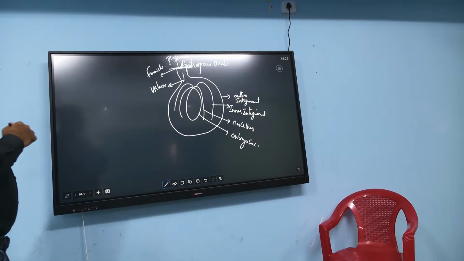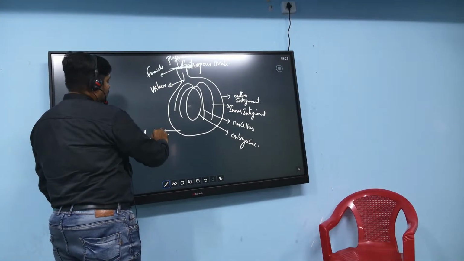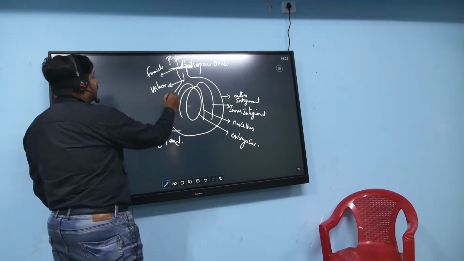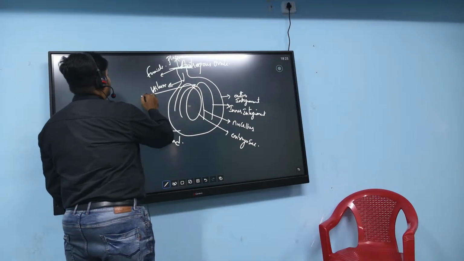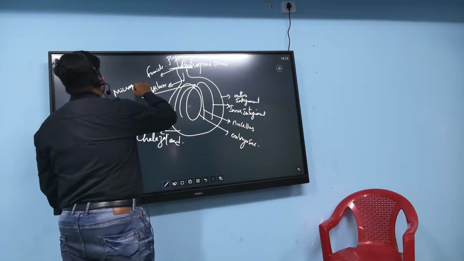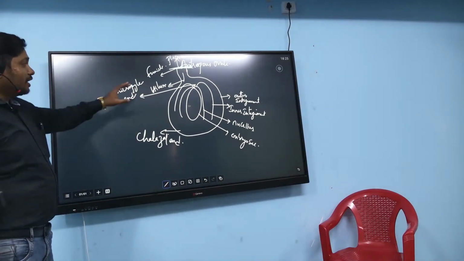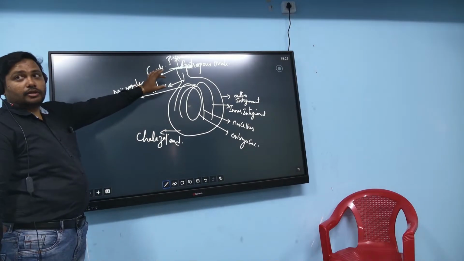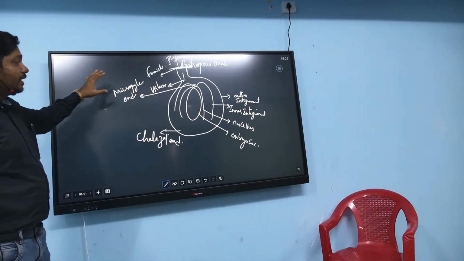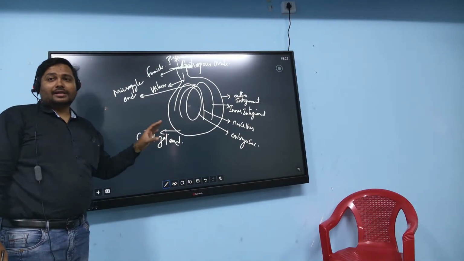Two major parts: the bottom part is called the chalazal end, and the point we are able to see is the micropyle, with the micropylar end. The uppermost end where the micropyle is present is the micropylar end. Here in the bottom basal part is the chalazal end.